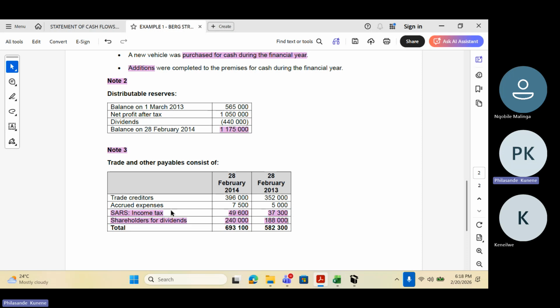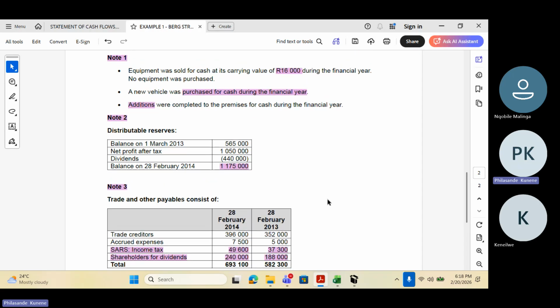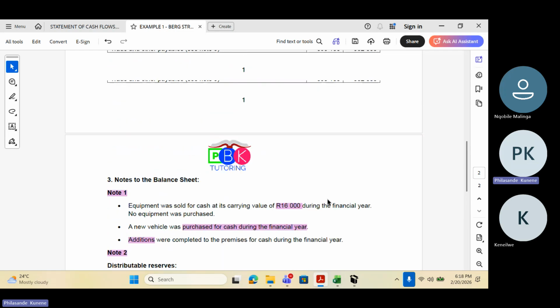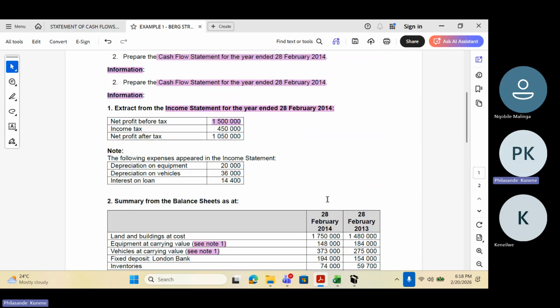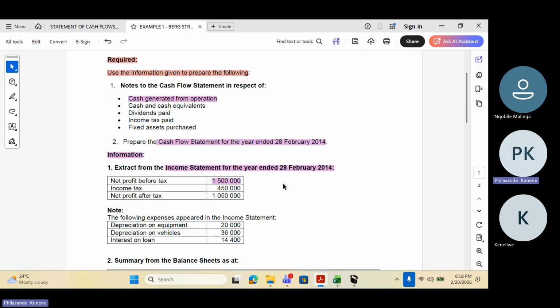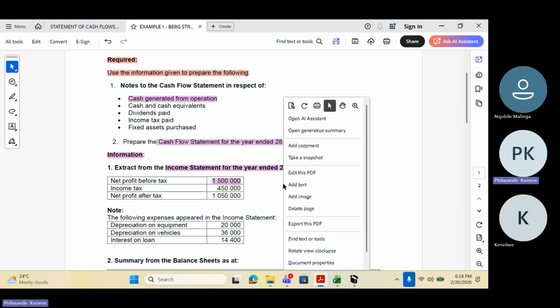This one is for tax paid. This one is for dividends paid. And then the trade creditors and accrued expenses will be in the trade and other payables, which is the changes in working capital. So this is the information, guys, that is in front of us. This is the information that we need to start working on.